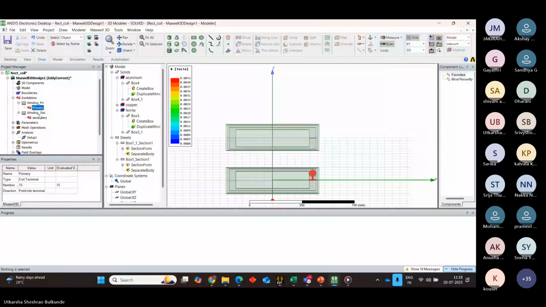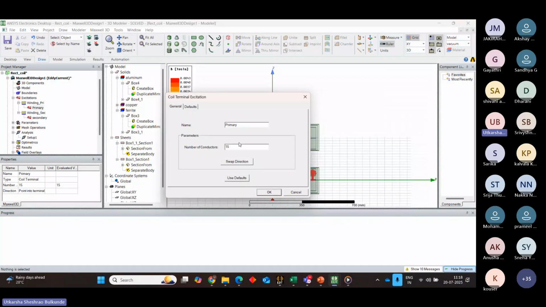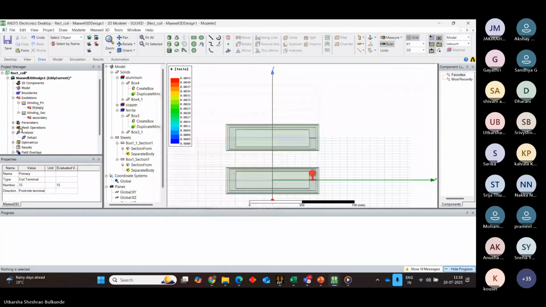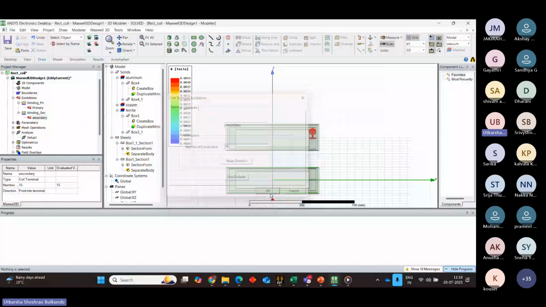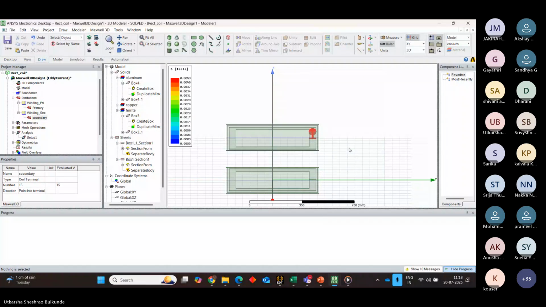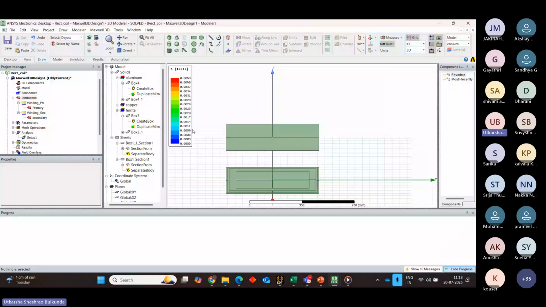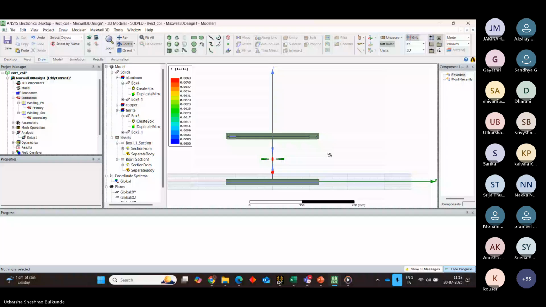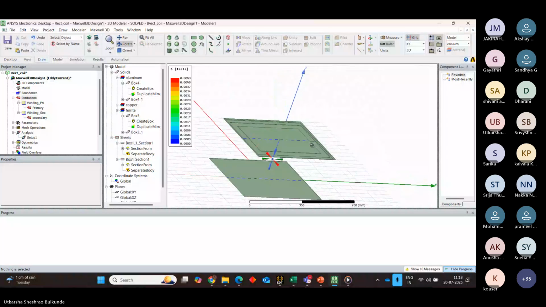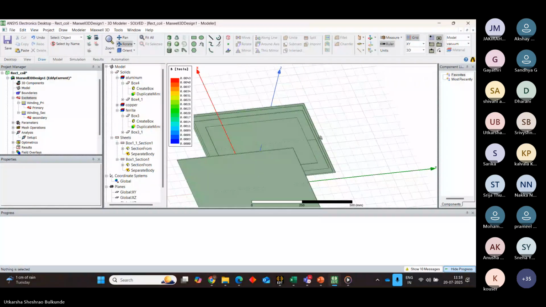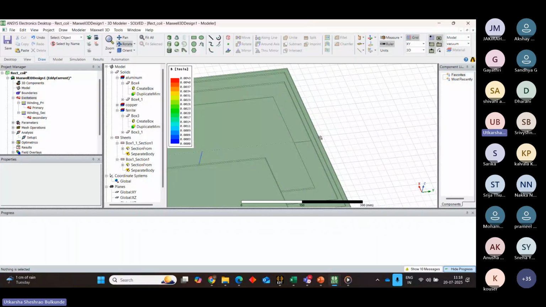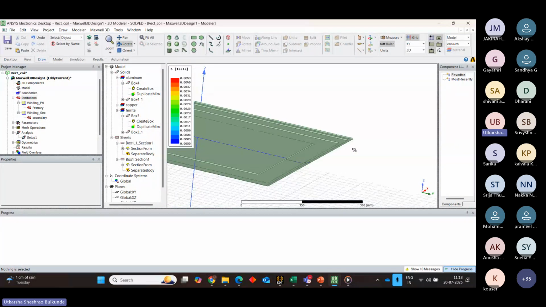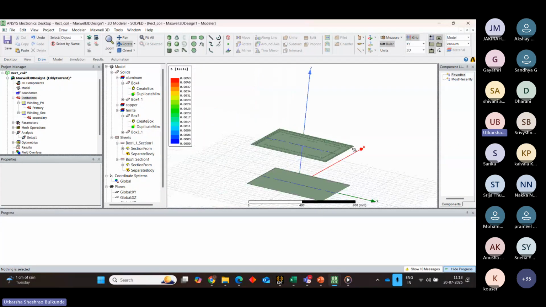Primary, secondary, 15 turns, 15 turns. This is also correct. Yeah, this section is also correct.